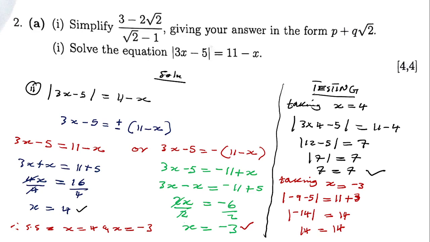Sir, why is it that on -14 we had to change the sign to positive after removing the modulus, but there on -3 we never changed the sign? Which -3? On -5 in the question, where it was written 3x minus 5.